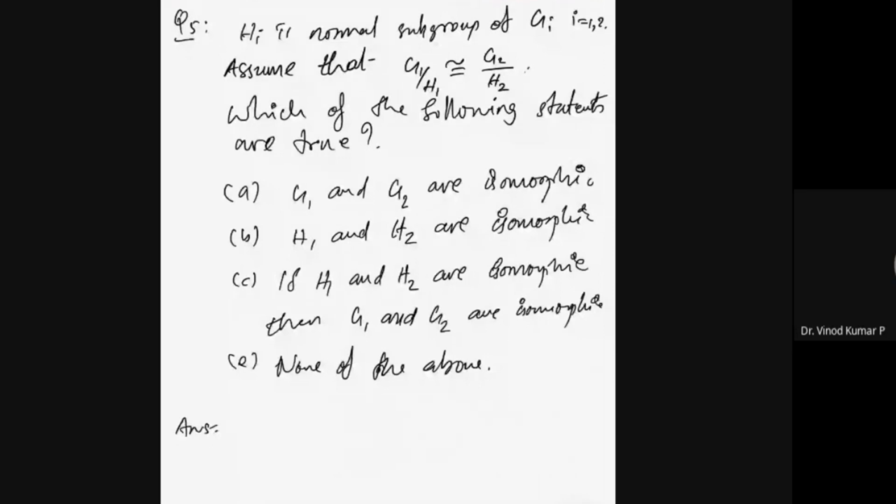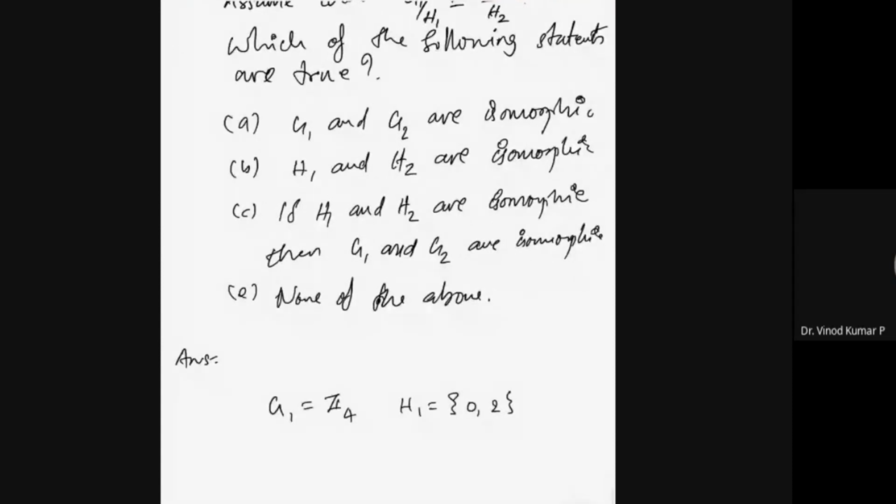Maybe I'll give an example, since that statement may not be true. You can consider a simple example. Let's say G1 to be Z4, and H1 to be the subgroup generated by 2, that is {0, 2}. Then G1 by H1 will be what?